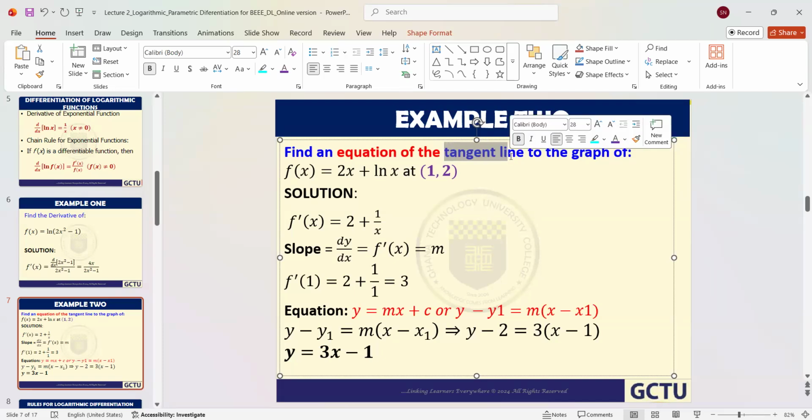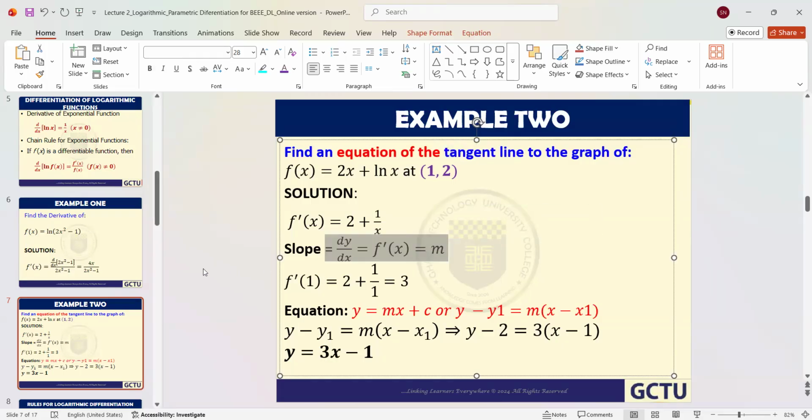Okay, so when you have a curve and a line touches the curve, the line is called the tangent to that curve. So immediately they mention the word tangent, that brings to mind that in this question you have been asked to differentiate. So that's why I differentiated the function and I got my slope.